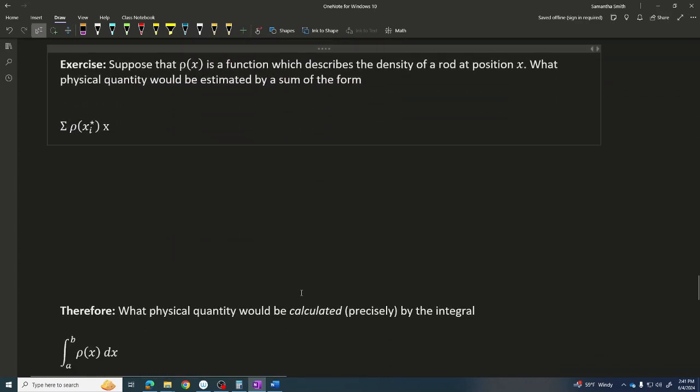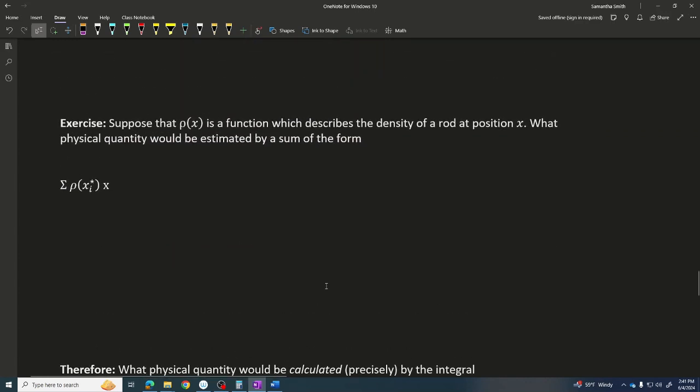Back in episode number 1 of season 1, we explored this idea that if you have the density function for an object, then products of the form density times length give you the mass of your object.